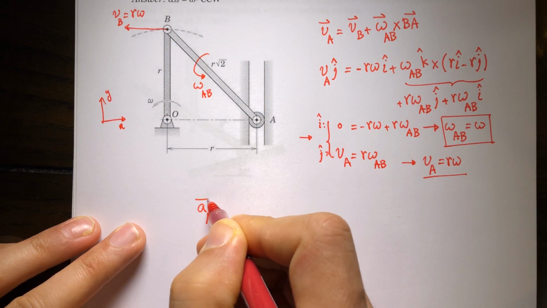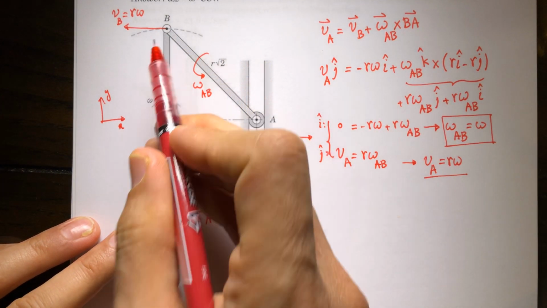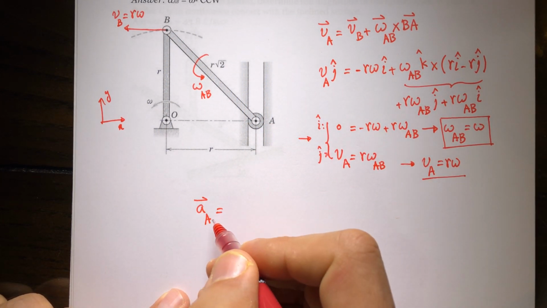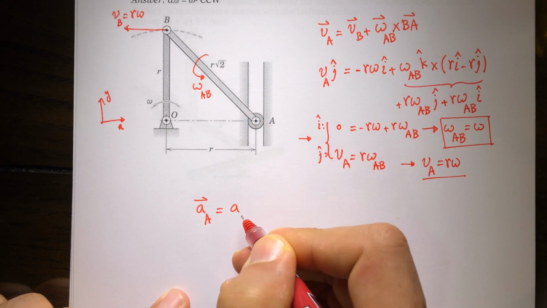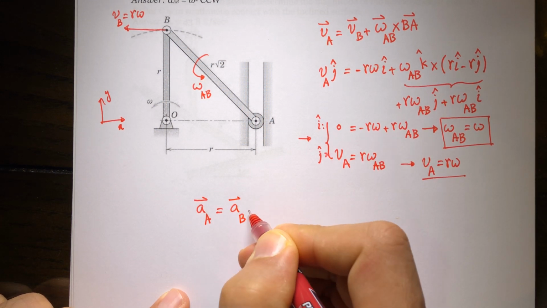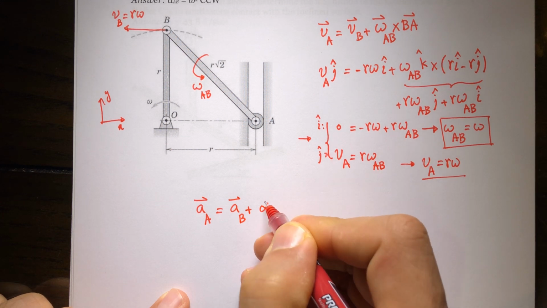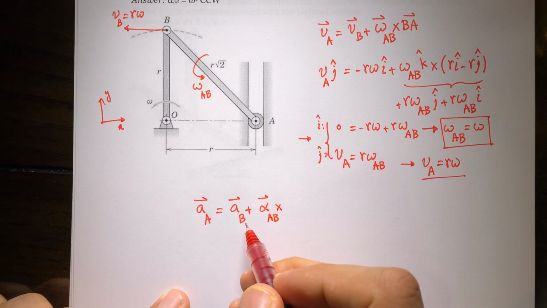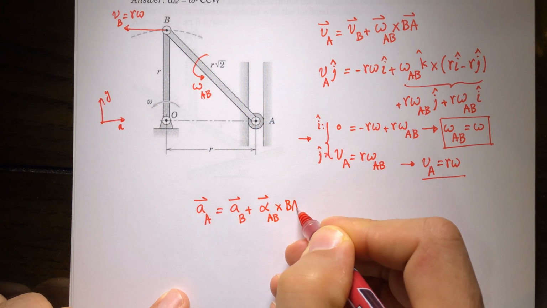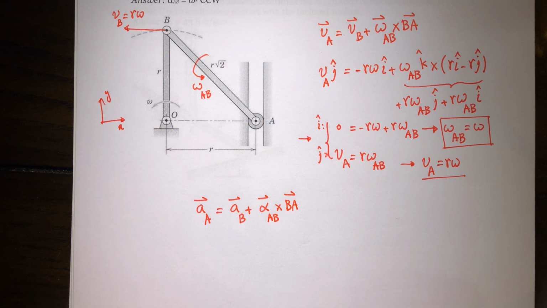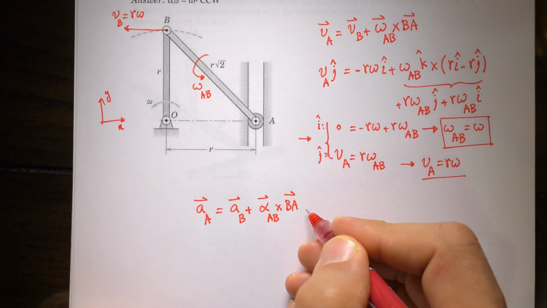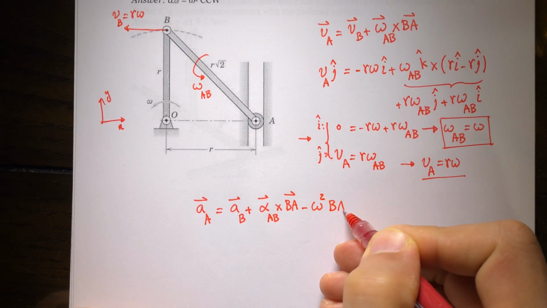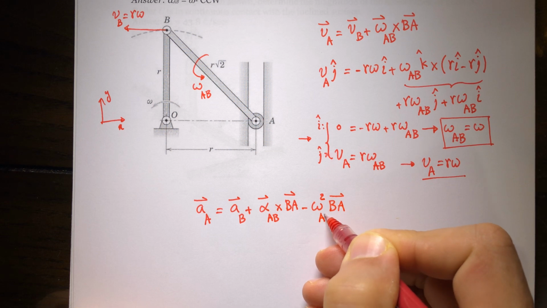Acceleration of A is equal to... A and B are on the same rigid body, so I can use the equation that we studied today. Acceleration of A is equal to acceleration of B plus alpha of this rigid body, alpha AB, cross product with BA, and plus omega cross BA, or negative omega squared times BA, and omega of AB.